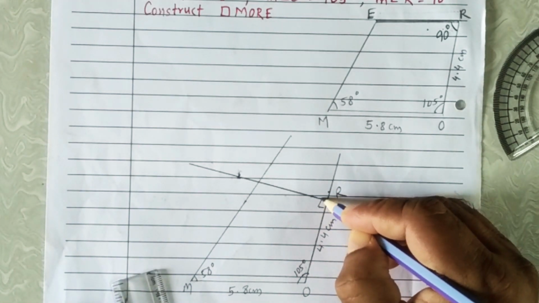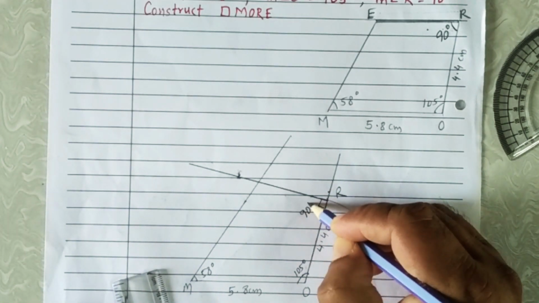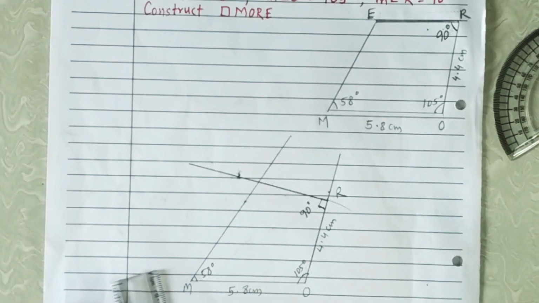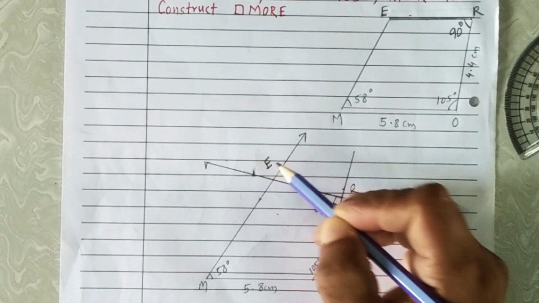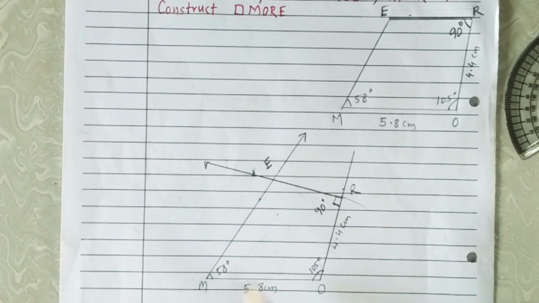So this is how we can construct quadrilateral MORE. Point of intersection of both the rays is E. This is how we can construct quadrilateral MORE.